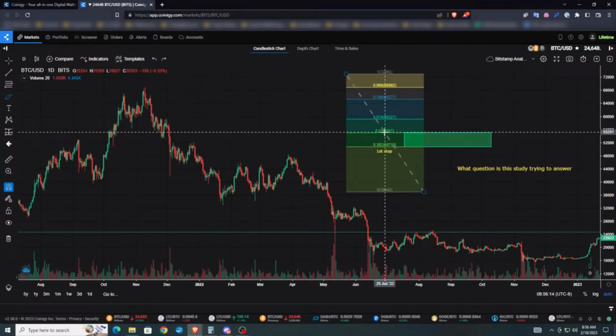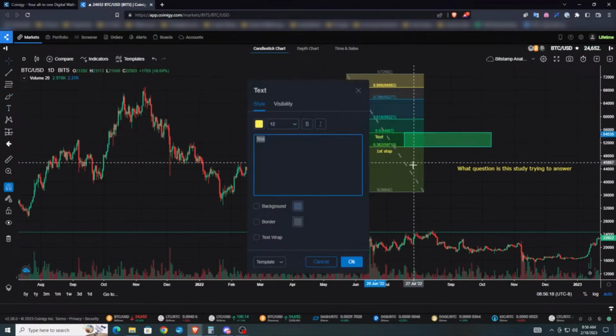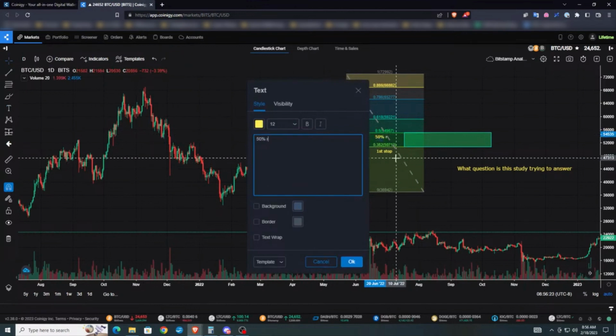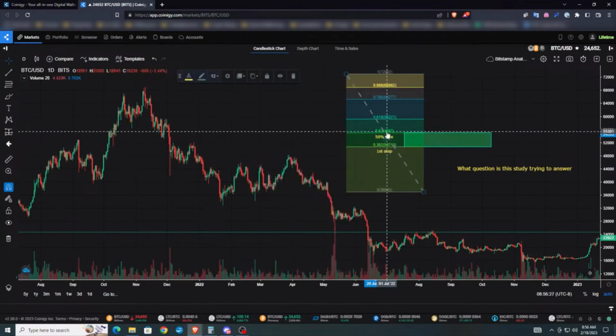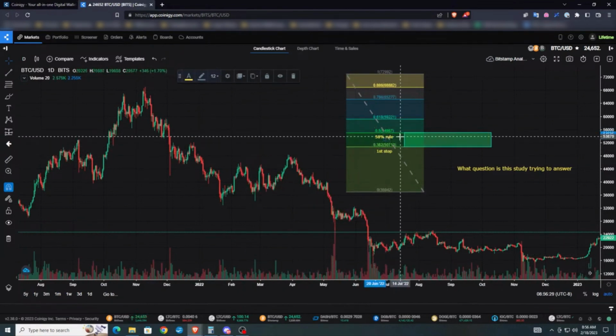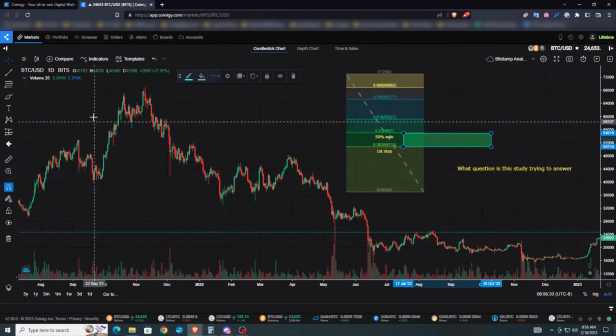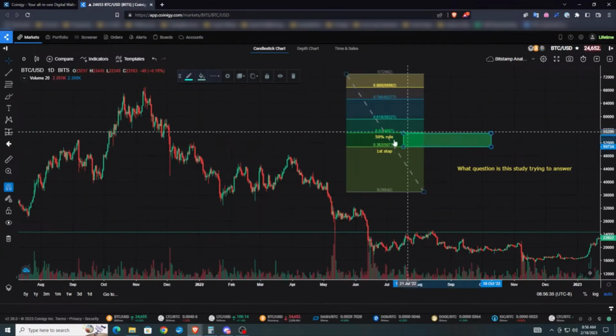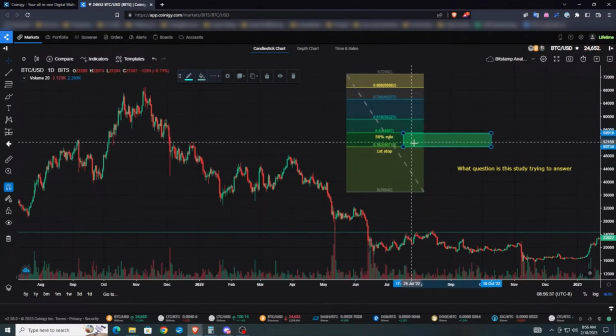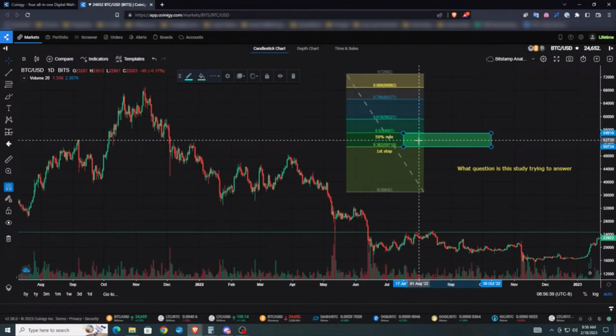Remember, we had Mr. Gann, and we like to affectionately call the 50% level the 50% rule. I like to use this as my first zone. If I was going to be interested in, say, joining this downtrend, I'd want to see how price acts in this area.